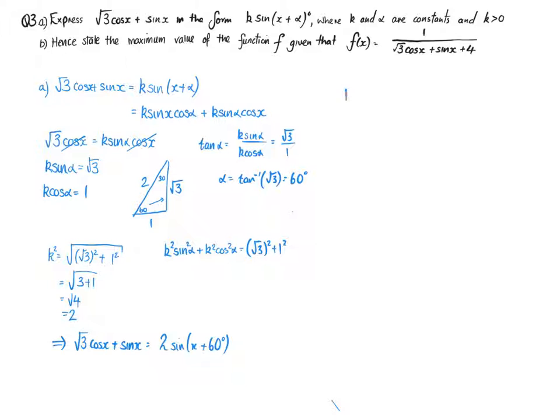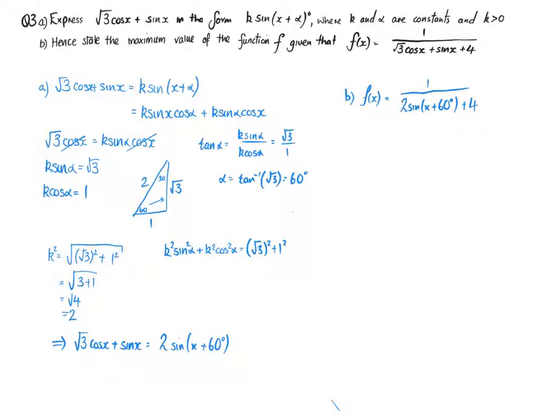Right, so for part B, we've been asked to state the maximum value of the function f of x given that f of x equals all of that. So we've got f of x is equal to 1 over, replacing it with what we just found, 2 sine x plus 60 plus 4.